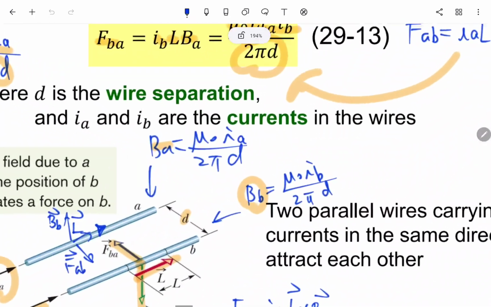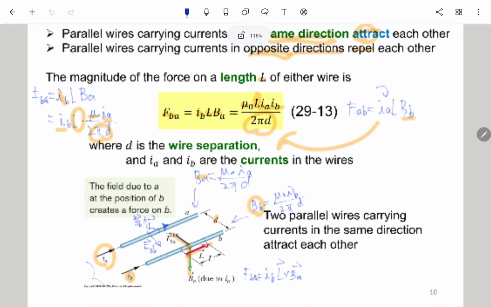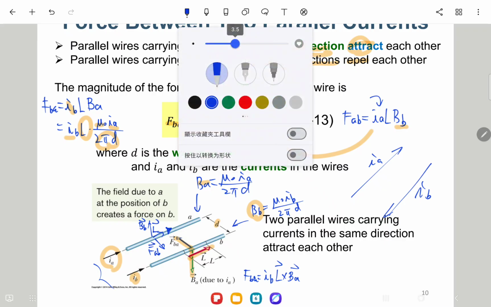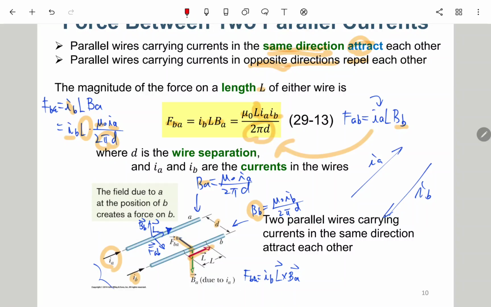If it is in the opposite direction, which means that if IA is in this direction, and then IB is in this direction, in that case L is pointing to this direction, and BA doesn't change.